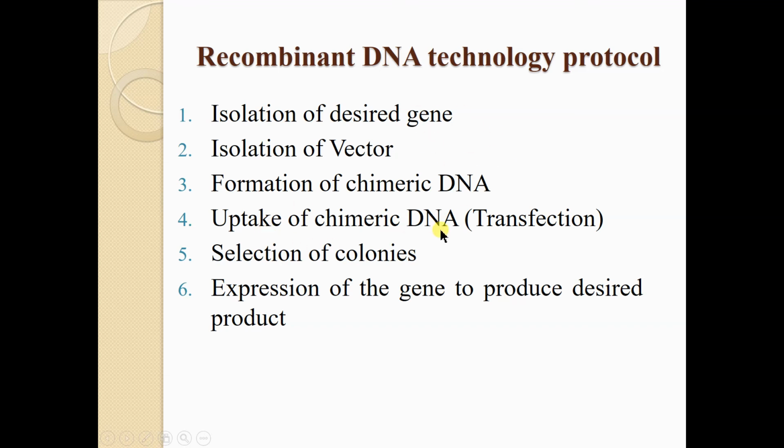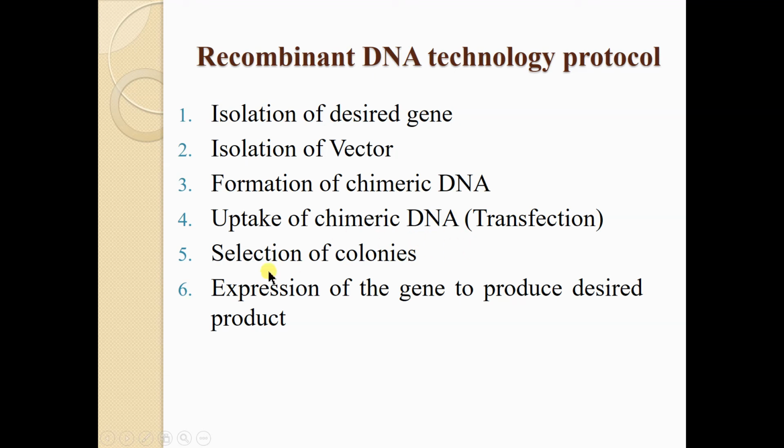So this chimeric DNA is transported into the bacterial cell, and then the bacteria is allowed to grow. There is a multiplication of the bacterial cell along with this chimeric DNA, so a large number of chimeric DNA copies are synthesized.